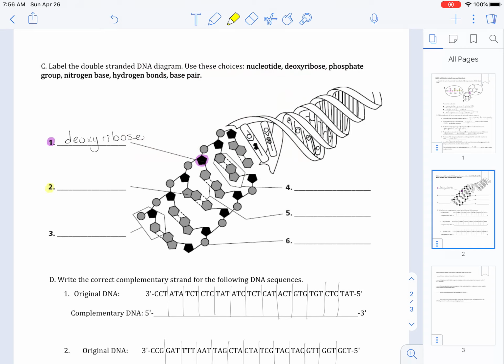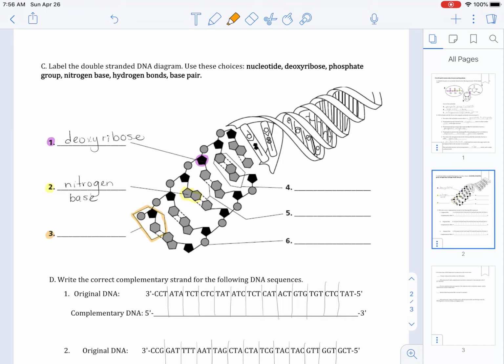Structure 2. This is specifically this. This is a nitrogen base. Number 3 is this whole segment.